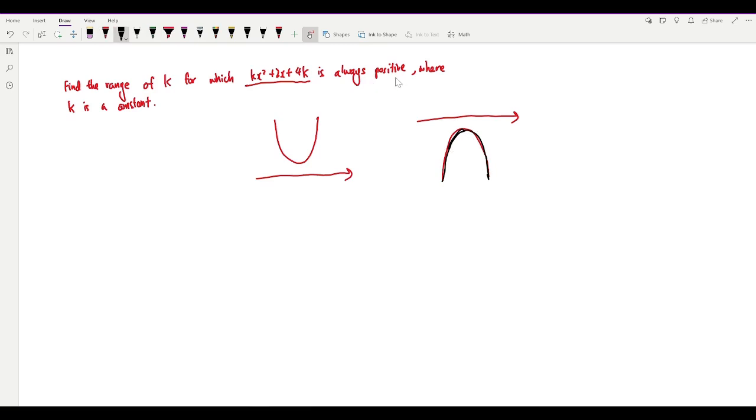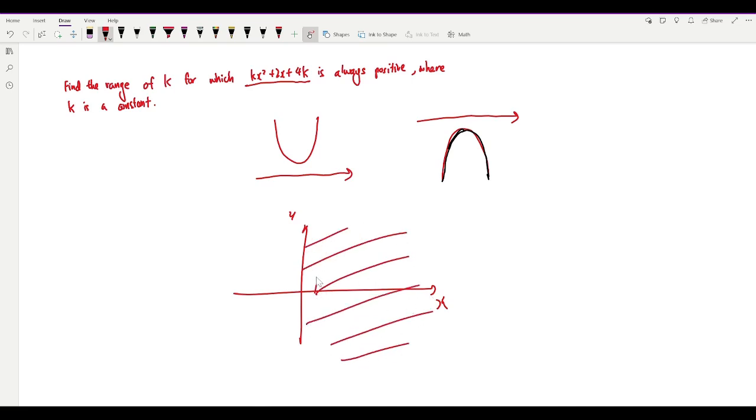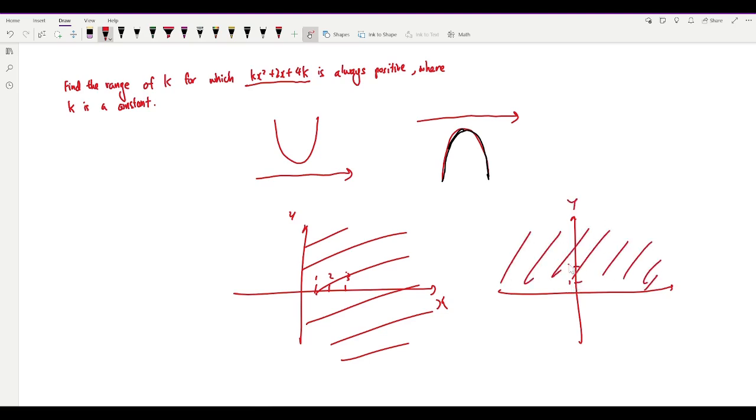When they say always positive, you might wonder whether it's positive horizontally or positive vertically. If you look at the x and y axis, you might think that this side makes it positive, because all the x values here are positive, but it could also be positive in the y axis because all the values here are positive in the y axis.